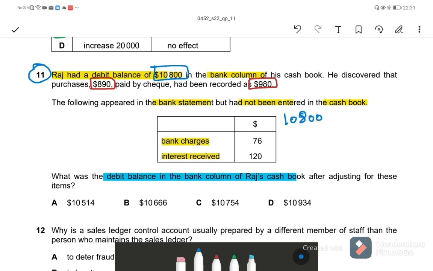Now he discovered that the purchase 890 paid by check had been recorded as 980. So actually they paid 890, but in the record they put 980. So what is the difference?